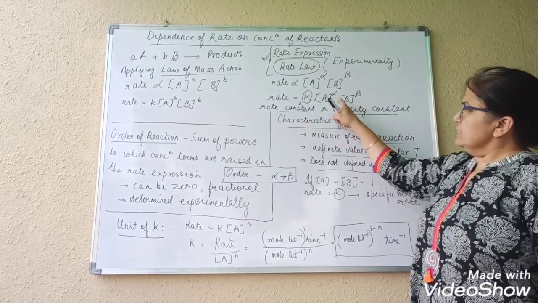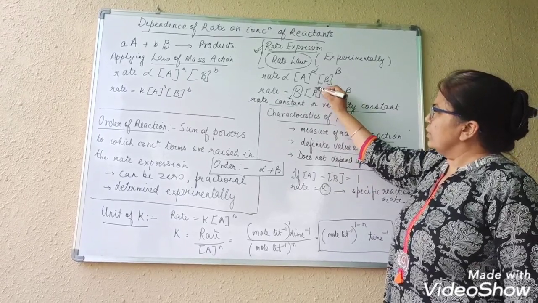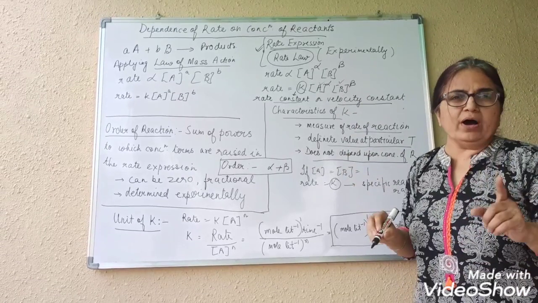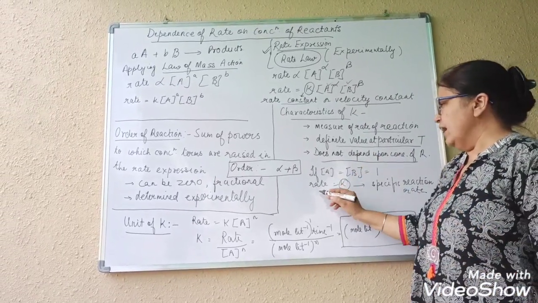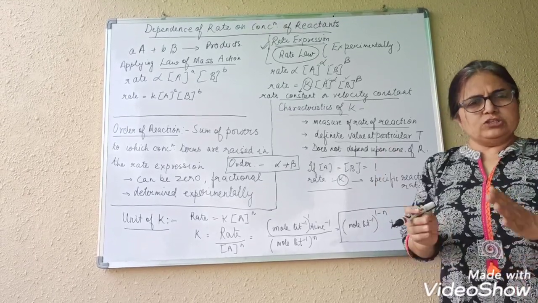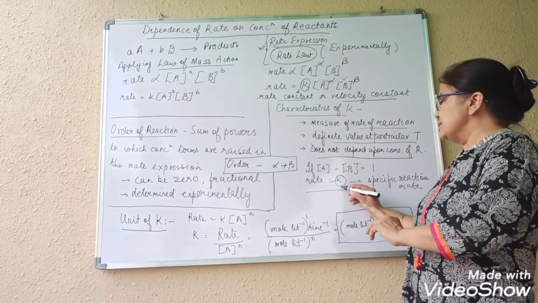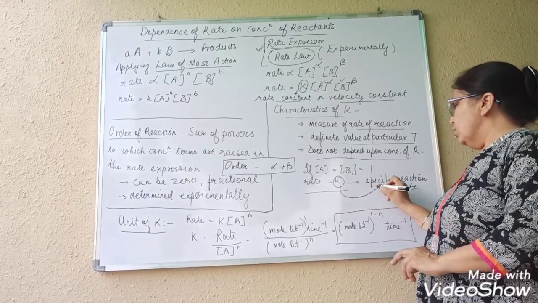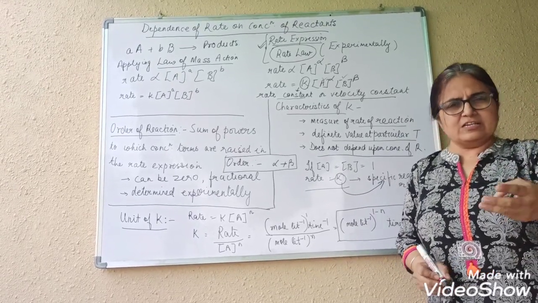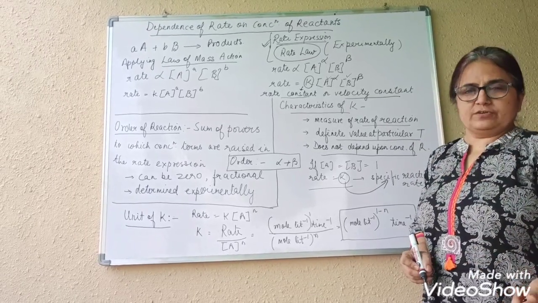Then, in the rate law, if I take concentration of A and concentration of B as 1, then rate is equal to K. So we have specified concentration of A is 1 and B is 1, and that is the reason why we also call K the specific reaction rate. So there are three names I discussed: velocity constant, rate constant, specific reaction rate.